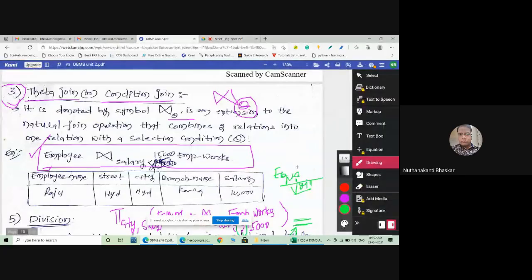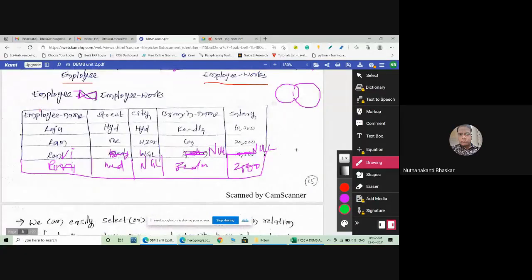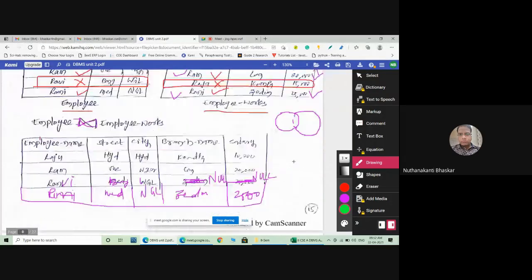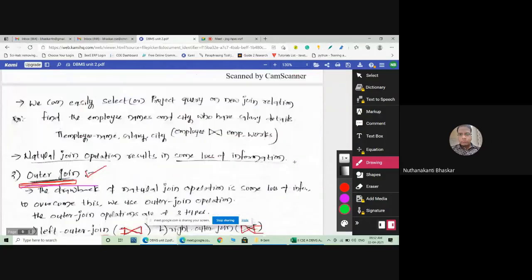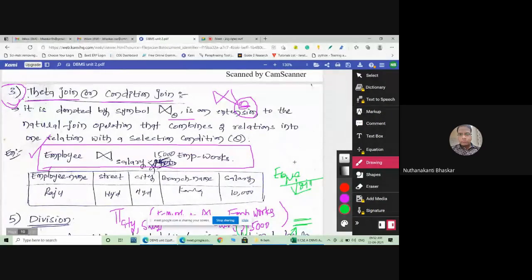Now, one more query. All of you write down: display the employee information who is having salary equal to 20,000.